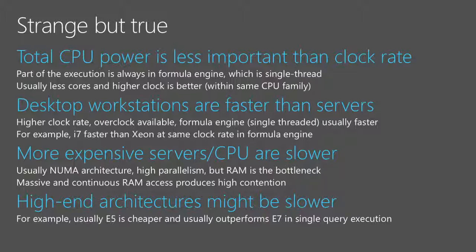I made many tests with many customers, and we found that in certain conditions, E7 is better, but overall, E5 is much better because you spend usually half of the price, and you have comparable performance, if not better, in certain particular benchmarks. So if you have to buy hardware, think carefully.